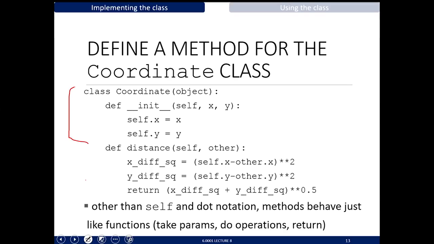Remember, self, the first parameter, is always going to be the instance of an object that you're going to perform the operation on. By convention, it's always named self. And for this particular method, I'm going to give it another parameter, and I can name this whatever I want. I'm naming it other. And this is going to represent the other coordinate object for which I want to find the distance from myself.